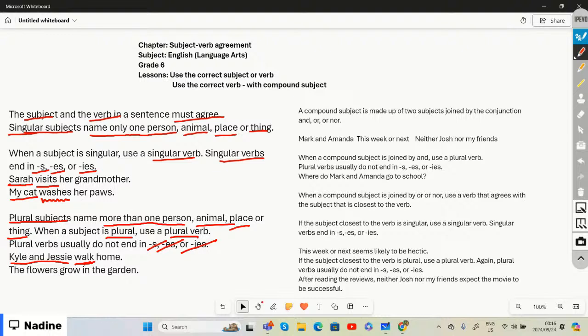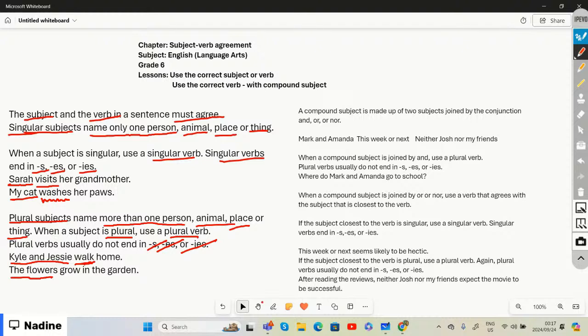And if we look at another example, right? Another example of a plural subject with a plural verb, it says the flowers, more than one.